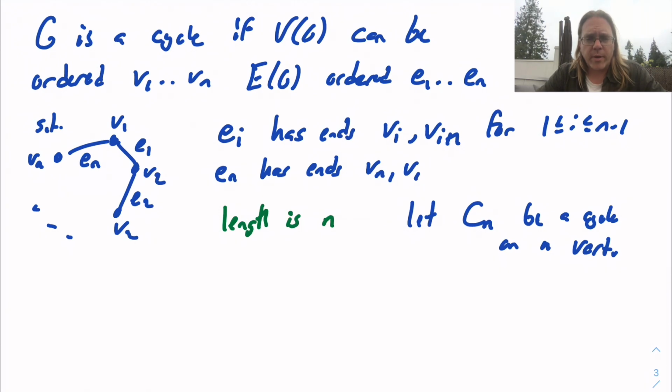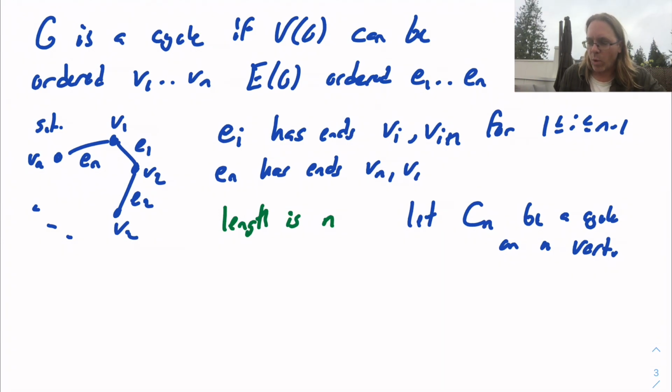Right. So your graph is a cycle if you can put the vertices and edges in order so that you have this incidence pattern. And we've now given names to a bunch of these things. So we have C1, C2, C3. Just as we've seen before, these definitions do make sense right from the start.